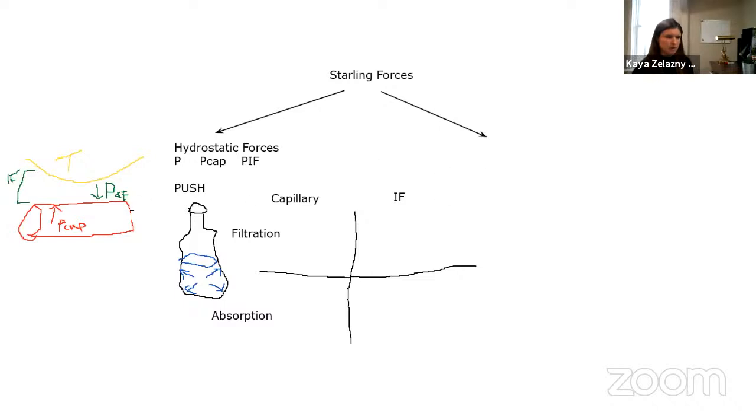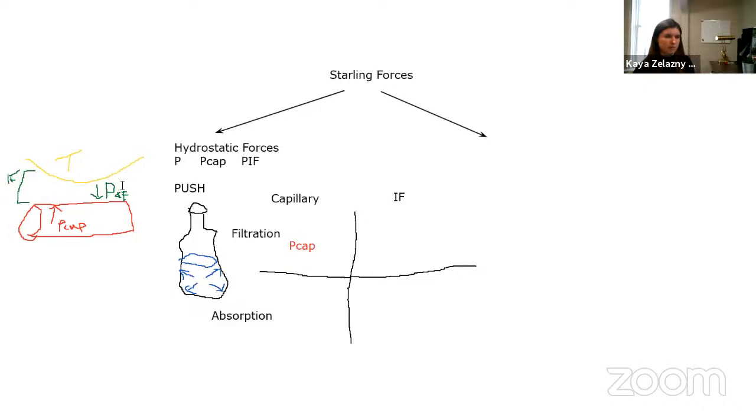Okay, so if we want to put on these two hydrostatic pressures here, we'd have pressure from the capillary. It's going to be a force for filtration, right? It's pushing fluid from the blood into the interstitial fluid. That's our filtration.